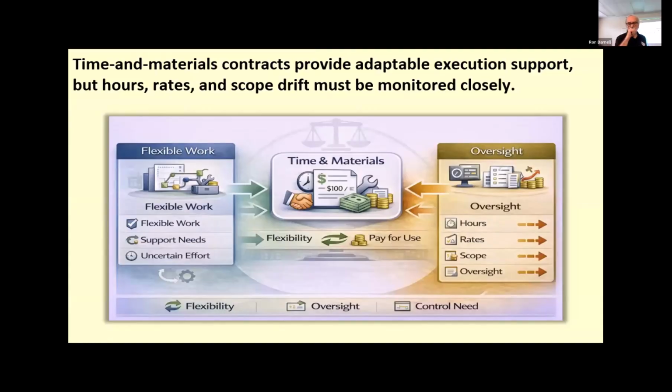Their success depends on strong monitoring, clear communication, and disciplined control over what work is being authorized and performed. Time and materials contracts can be a useful, flexible option, but they only perform well when the project manager applies active oversight of effort, cost, scope and schedule, those things.